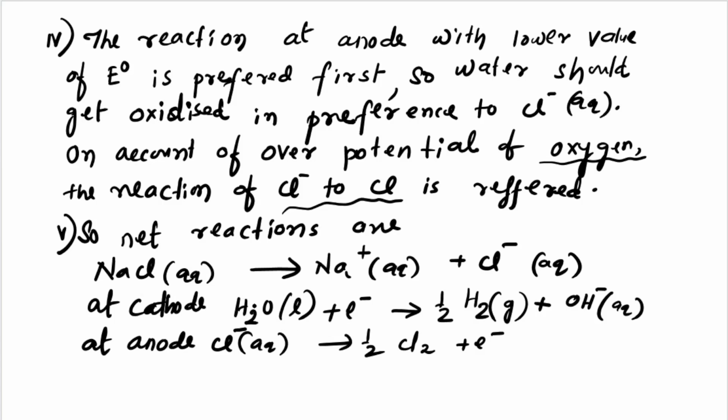Then what happened at the cathode? At the cathode, water liquid plus electron gives half H2 gas and OH minus. That means hydrogen gas is liberated at the cathode. Then what happened at the anode? Though the lower potential reaction at the anode should be preferred first, here the anode reaction is Cl minus aqueous giving half Cl2 plus e minus, because due to the overpotential of oxygen, the reaction taking place is Cl minus to Cl.